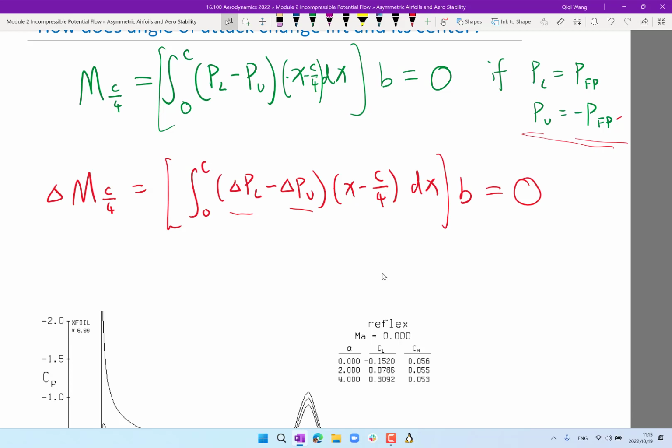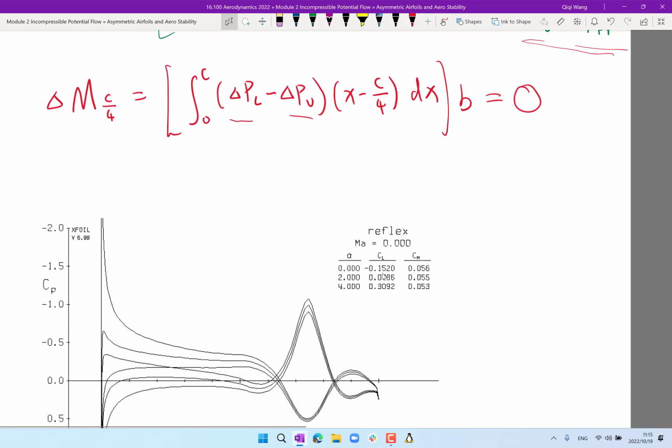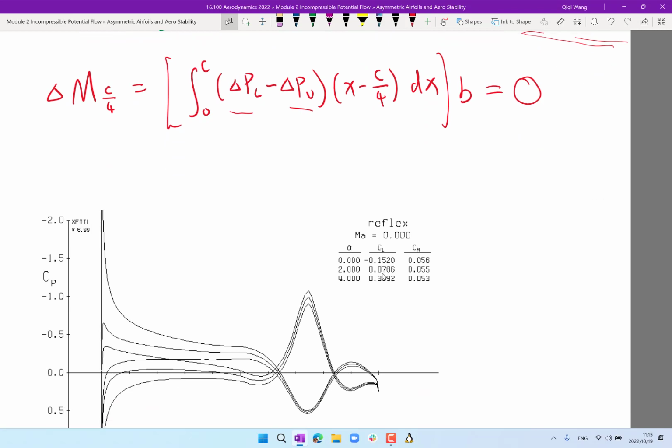Okay, and now armed with that knowledge, we can start to really think about how we assess the stability of a wing or airfoil just from CL and CM alone at a single point.